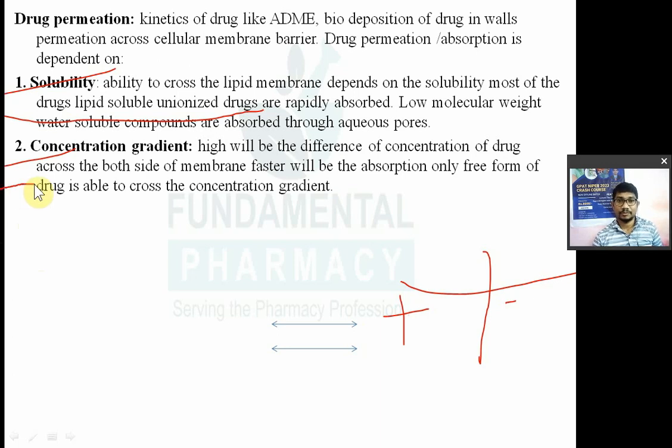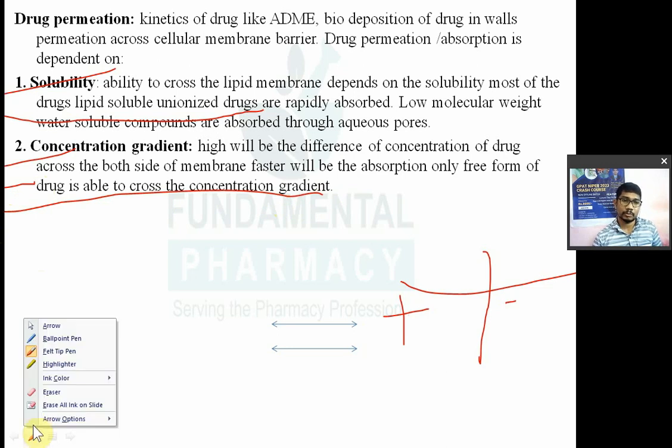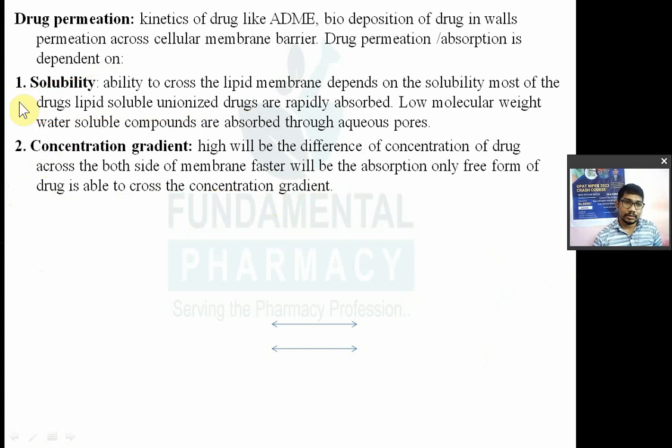Now third important is nothing but the surface area and vascularity. ठीक है, surface area. So remember, absorption of drug is directly proportional to the surface area. Surface area of the tissue from where absorption takes place is more, so more will be the absorption. So more will be the surface area of absorbing tissue, more will be the absorption.